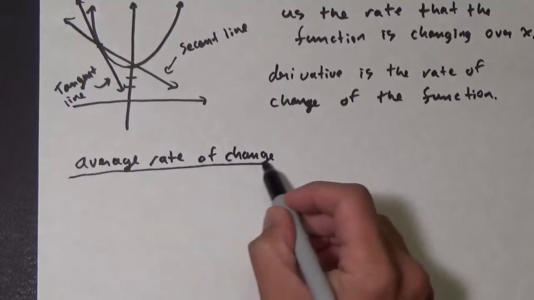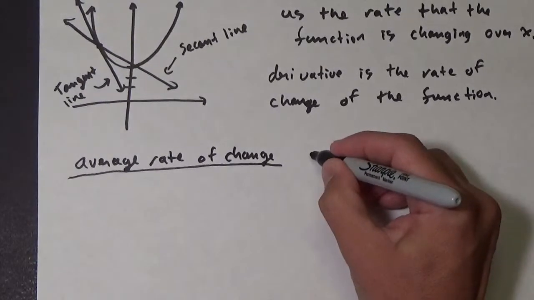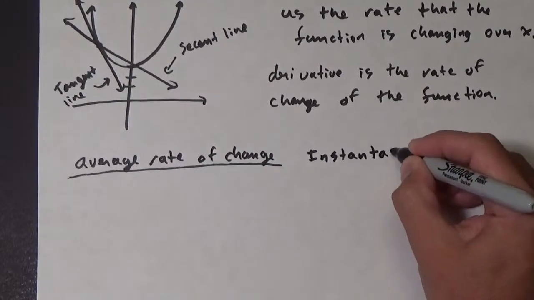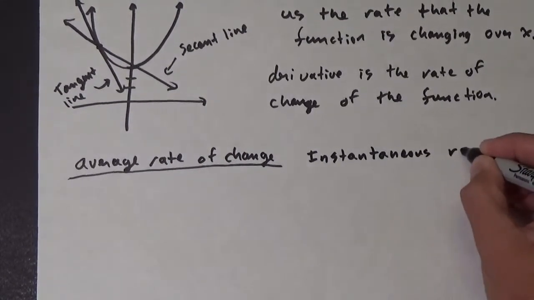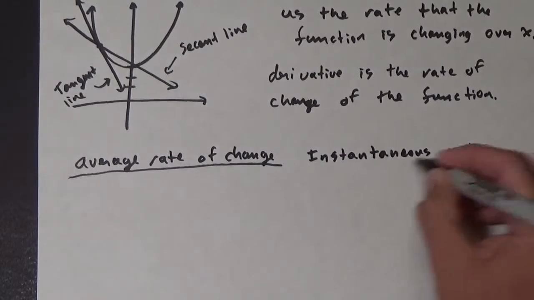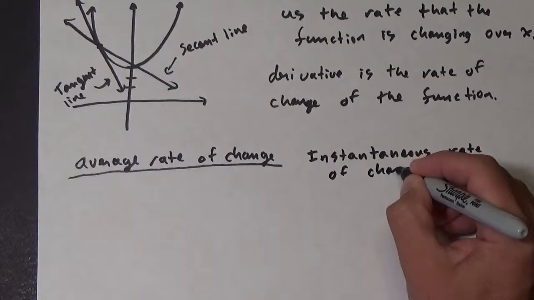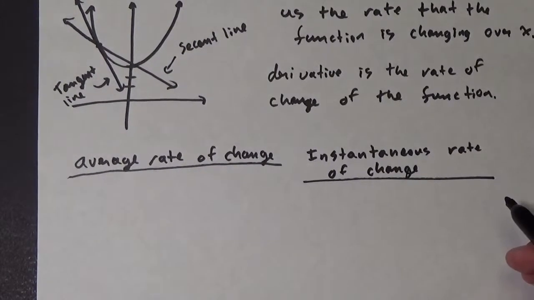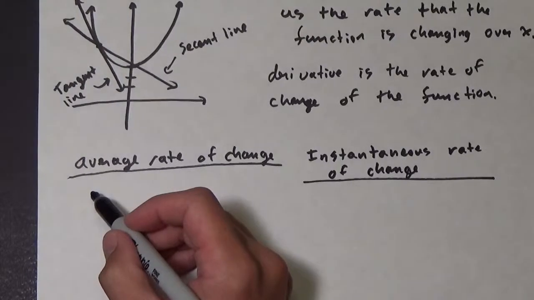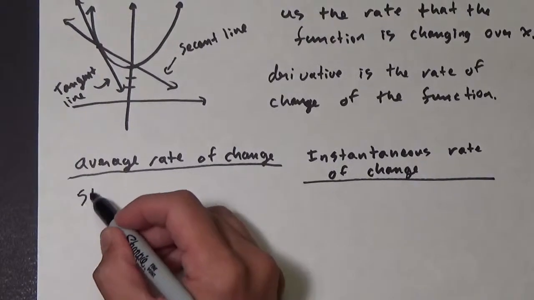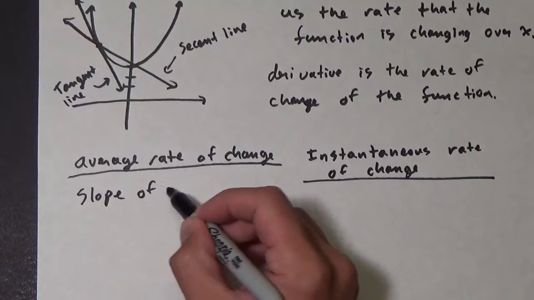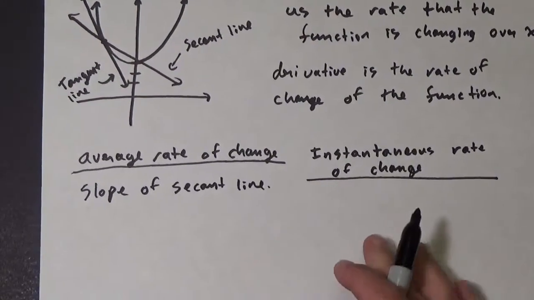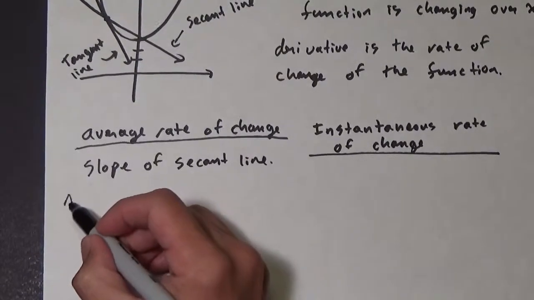Here's our average rate of change, and then this is going to be the instantaneous rate of change. So the average rate of change is the slope of the secant line. And the formula we just went over.